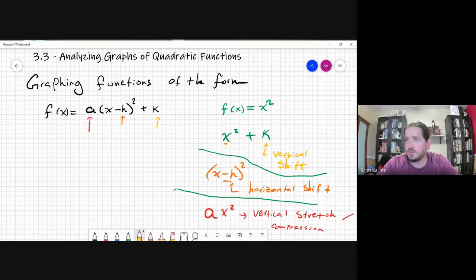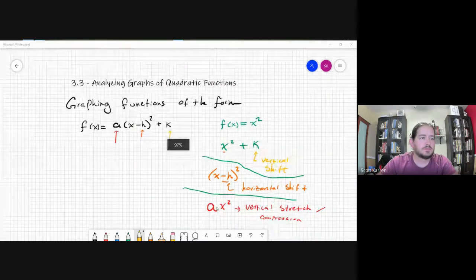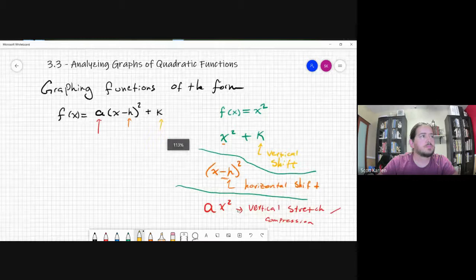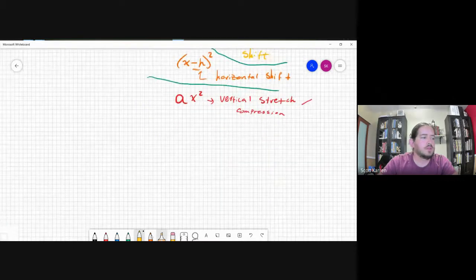So all I have to do with this graph is take x squared and change it based on those three things. So we're going to take a look at, let's say, this.